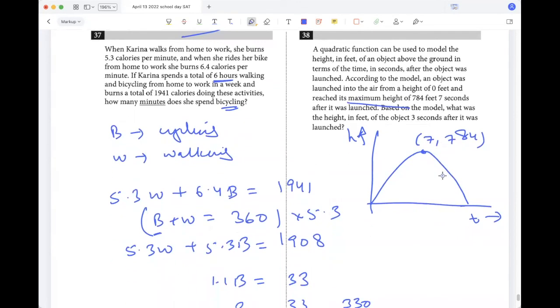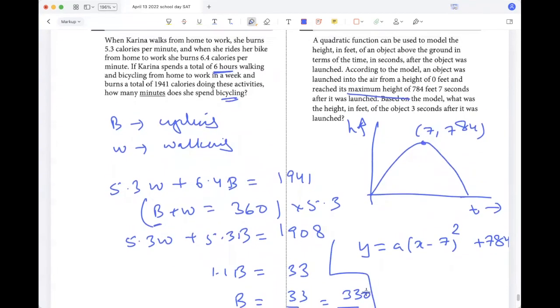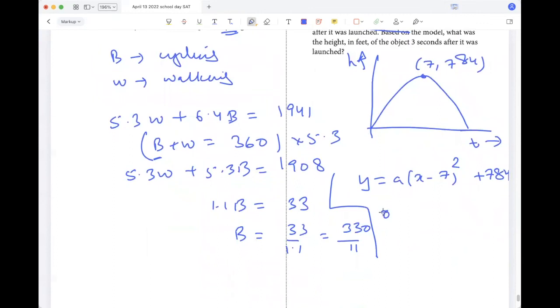So then I can write the equation as a times x minus 7 whole square plus 784 using the vertex equation of the parabola. And to find a, I can use the fact that it passes through the origin. So 0 is a times 49 plus 784. So 49a is negative 784.